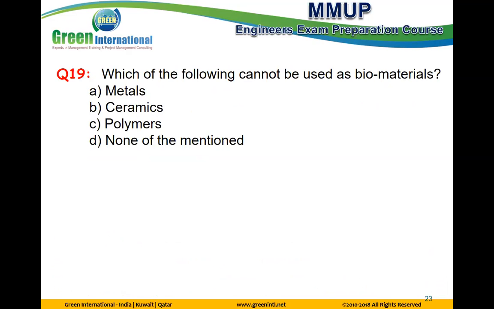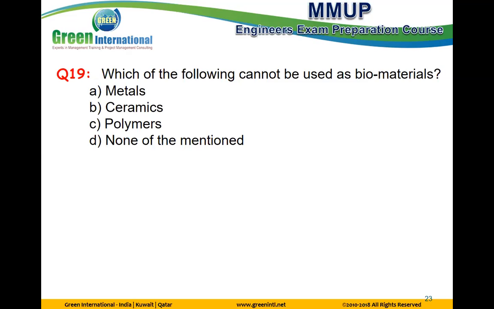Which of the following can't be used as a biomaterial? Biometal, ceramics, polymer. Polymers are biomaterials? Yes, polymers are biomaterials. Biomaterial is anything like tissue, for example, from the human body.